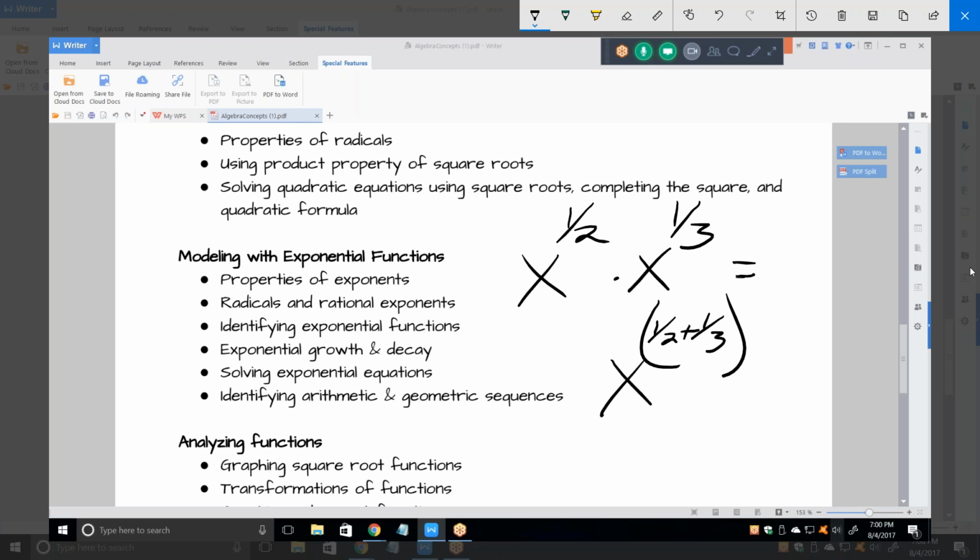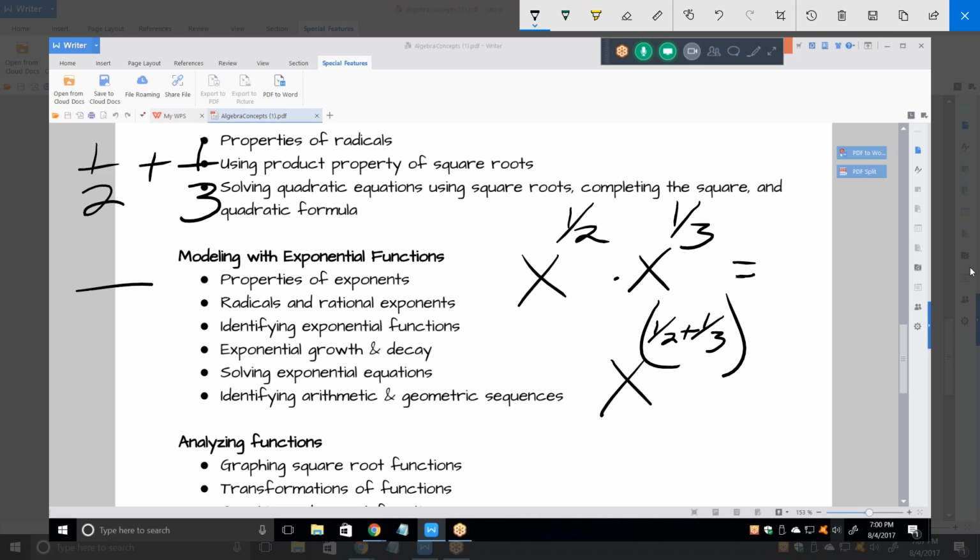Now add those two fractions. What's 1/2 plus 1/3 equal to? What do you have to do first? Least common denominator. Always remember, when you're dealing with fractions, it's very difficult to add and subtract them unless they have the same denominator. So what's the least common denominator between these two fractions?